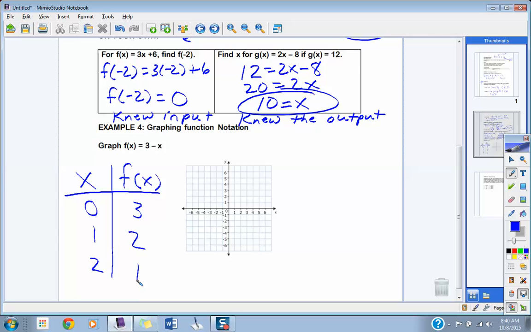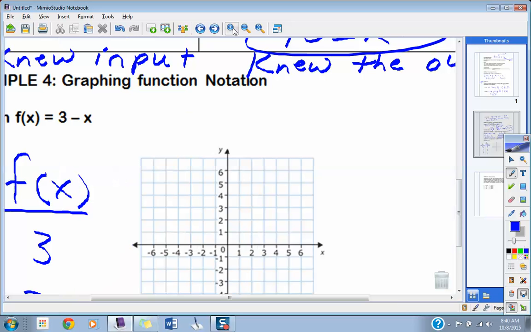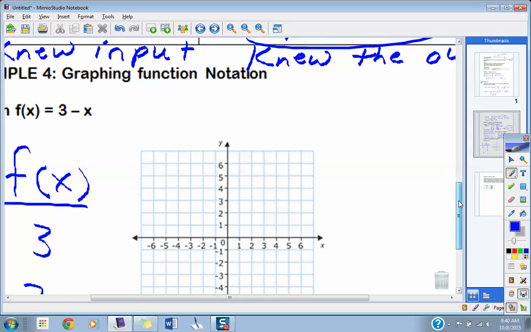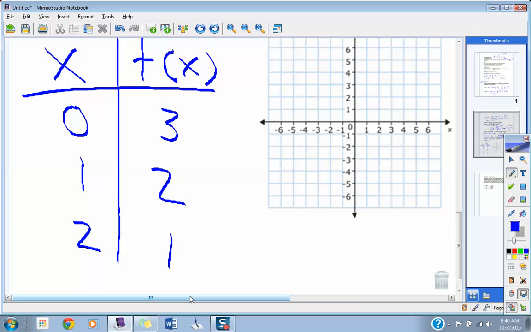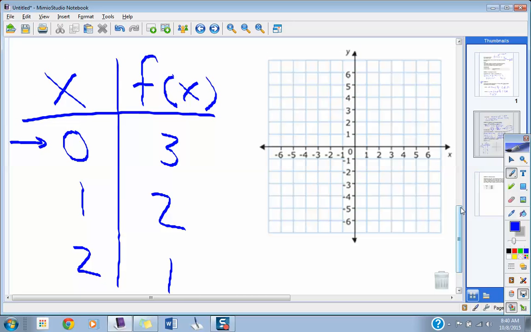So I'm going to zoom up a bit on this. Guys, basically what we've done for ourselves is create an XY table, in which case you know the input and the output. The first point I'm looking to graph would be the point 0, comma what? 3. How do I get to 0, comma 3? Start at 0. Go up 3, and there's that point right there.